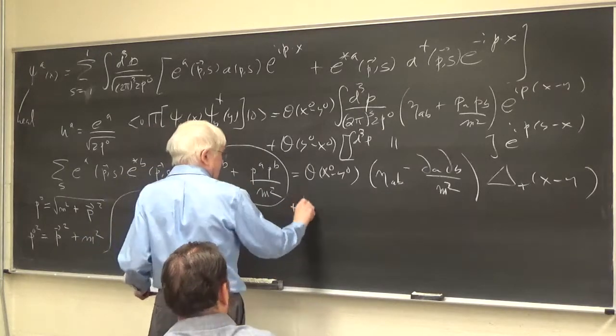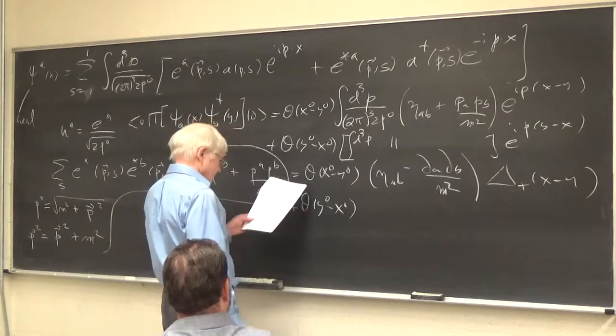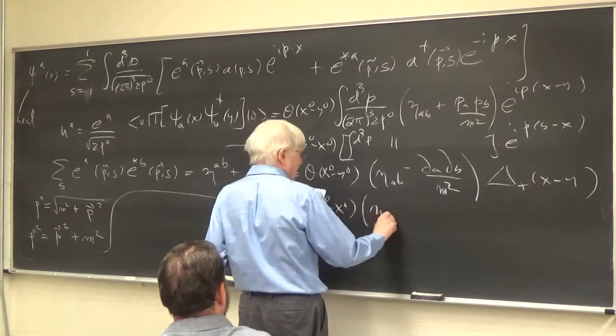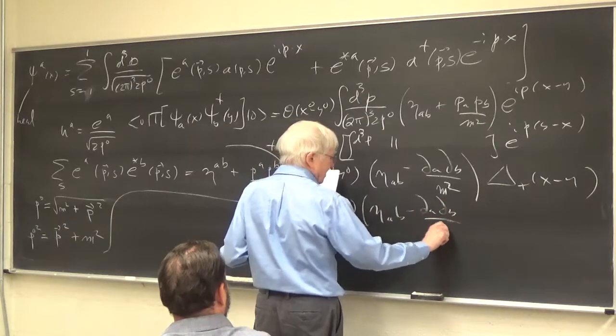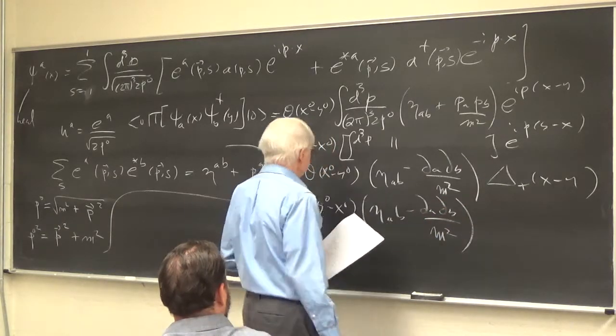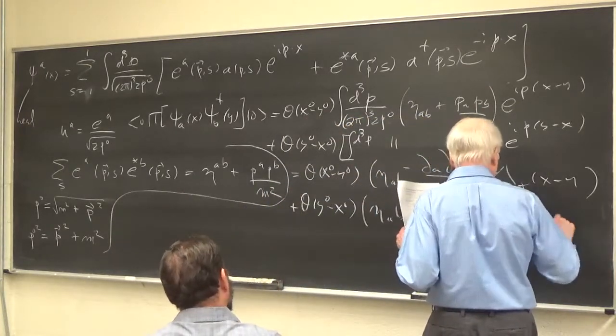The second term is theta of y0 minus x0, also eta_AB minus d_A d_B over m squared, and it's delta plus of y minus x.